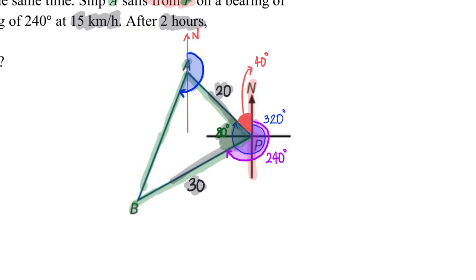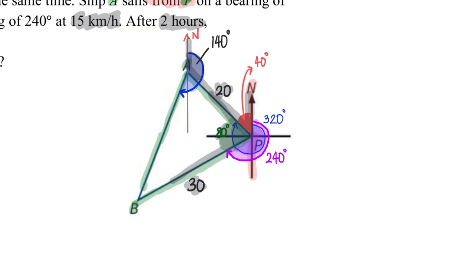Angles at a point add up to 360 degrees. And once I know that is 40 degrees, I will then be able to get this black color angle here, because I see interior angles. So this will be 140 degrees because they add up to 180 degrees for interior angles of parallel lines.